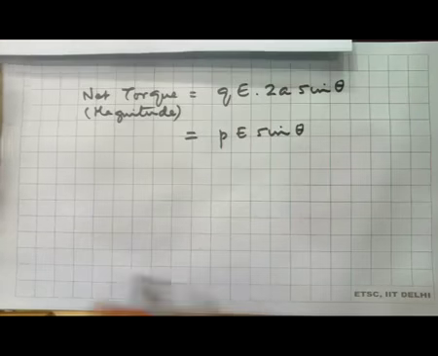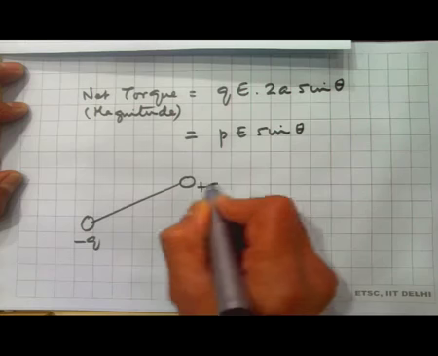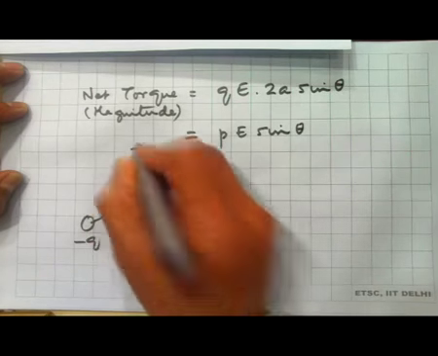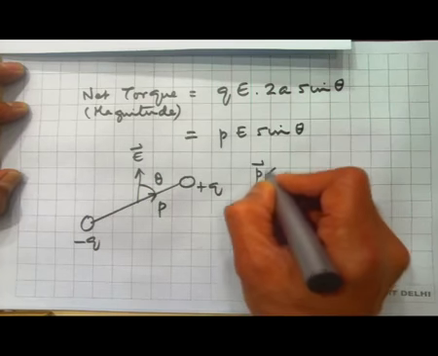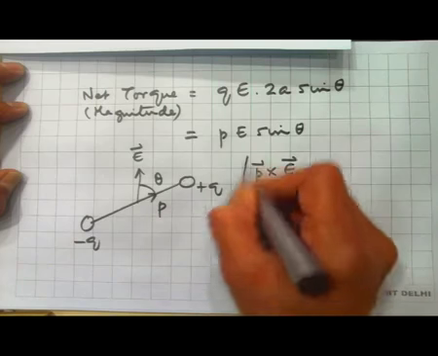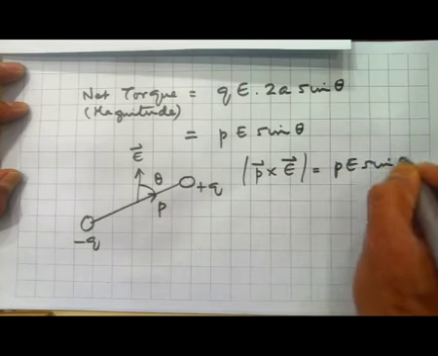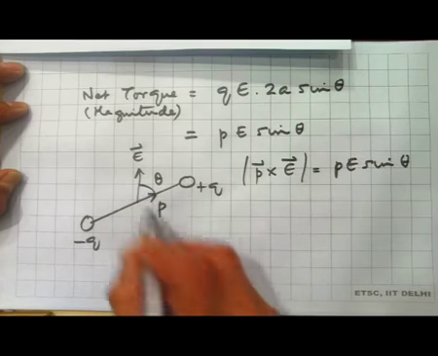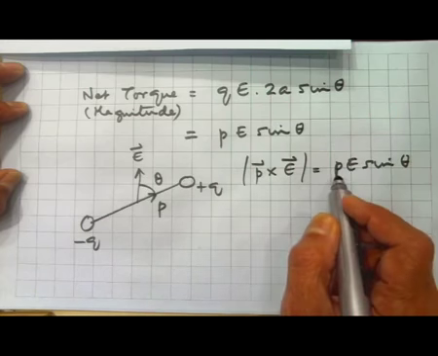Now, if you look at the figure again, you had the minus q, plus q, this is p, this is E, and this is theta. So, what is this product? P cross E magnitude is pE sin theta, the sine of the angle between these two. So, the magnitude of the torque is nothing but pE sin theta.